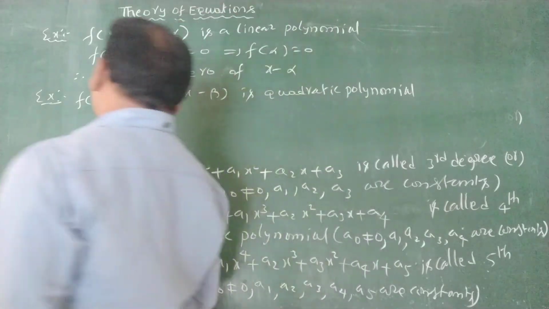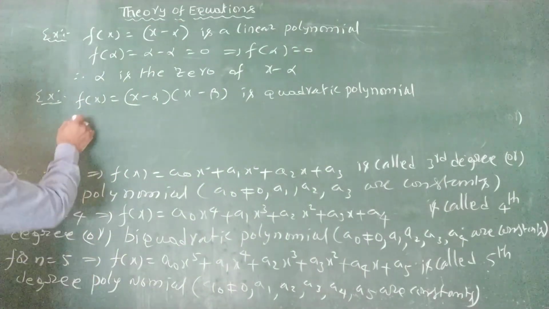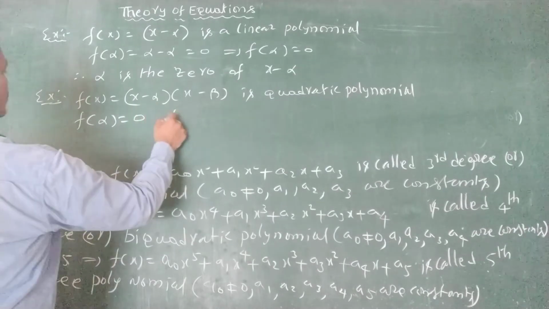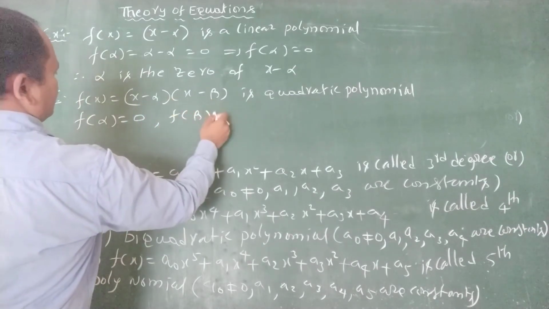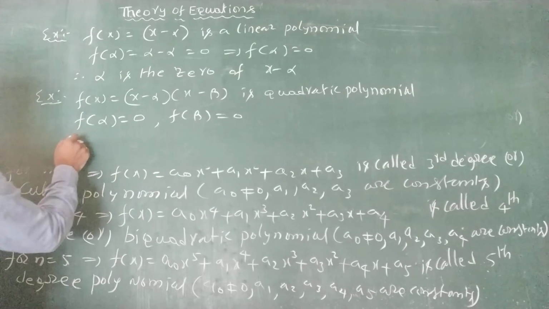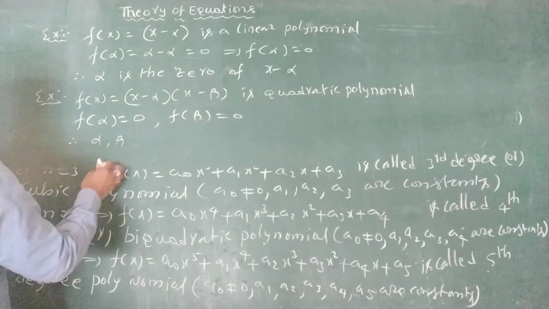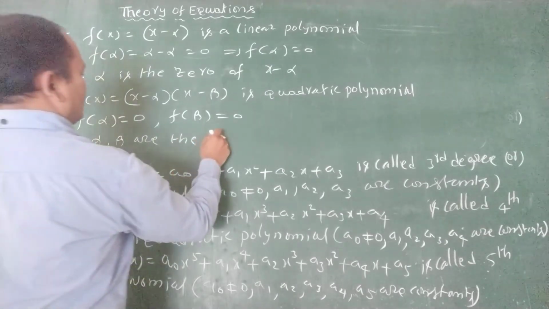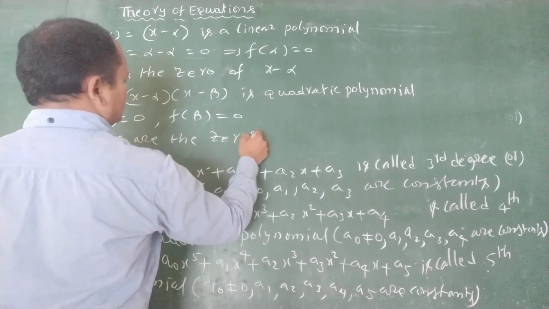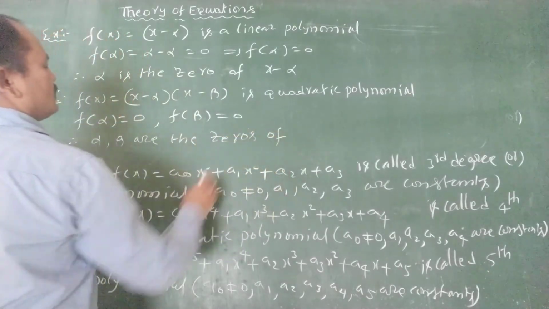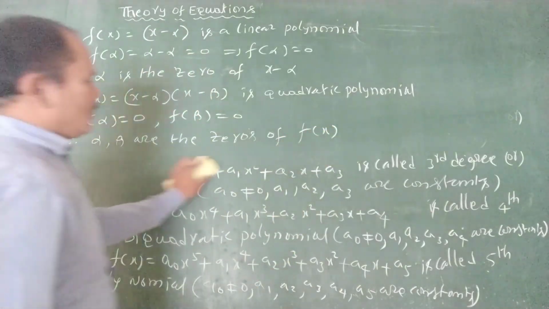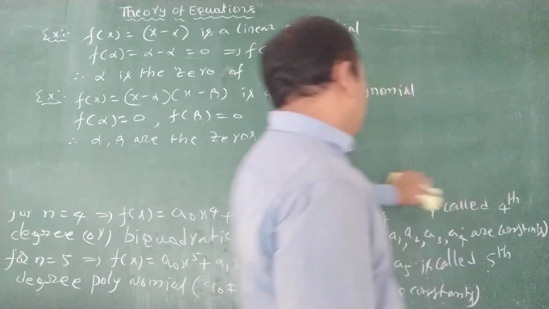For this, we have to find the zeros. What is f of alpha? Here alpha minus alpha is 0. What is f of beta? Beta minus beta is 0. Therefore, alpha and beta are the zeros of f of x, the zeros of the polynomial.